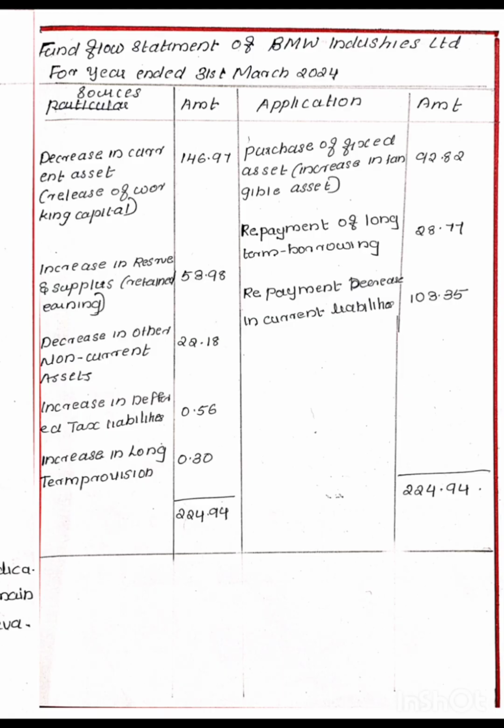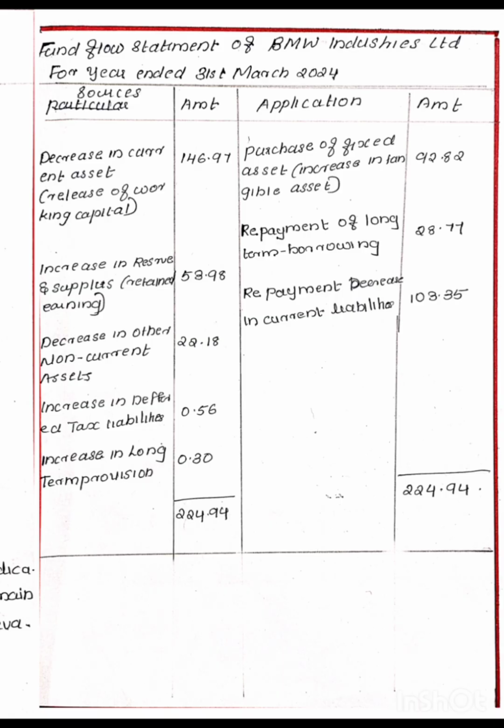Sources: decrease in current assets, amount 146.97. Increase in reserves and surplus 53.98. Decrease in other non-current assets 22.18. Increase in deferred tax liability 0.56. Then increase in long term provisions 0.30.